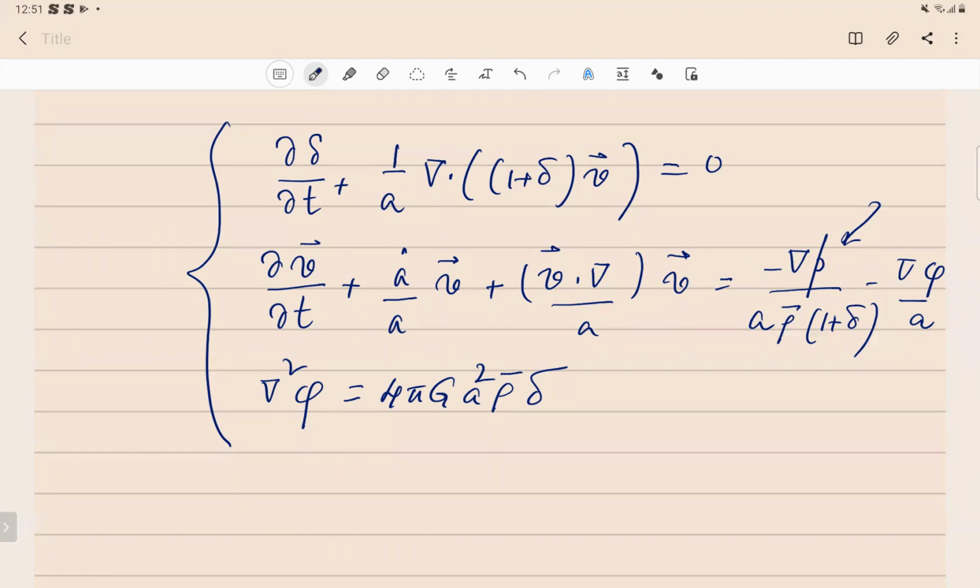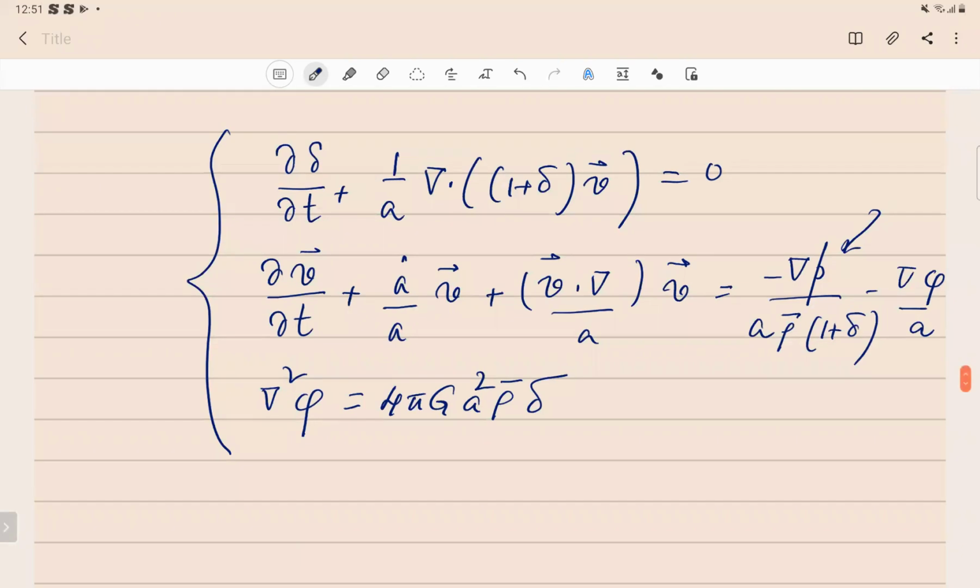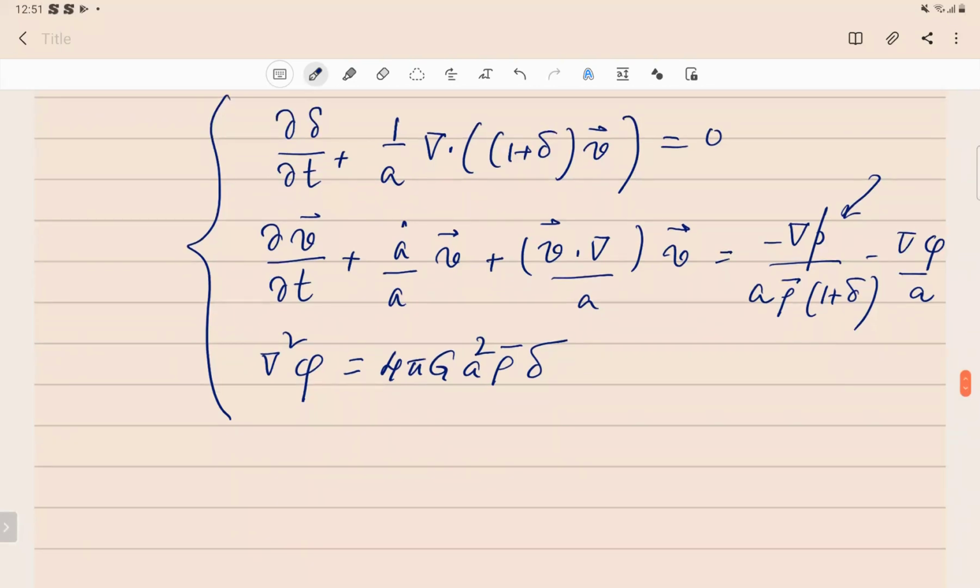So for 21 centimeters, we can use linear theory at large redshifts, but we also have to be very careful about extrapolating linear theory to the low redshift universe. That's why numerical simulations are strongly relevant for 21 centimeters, because we have to really work with these equations in their full nonlinearity, especially at low redshifts.